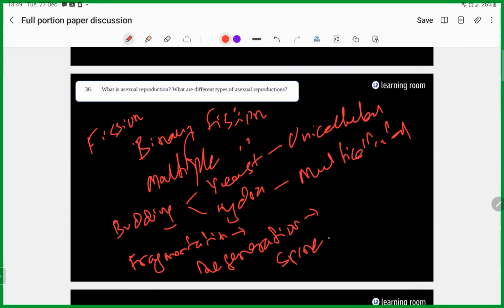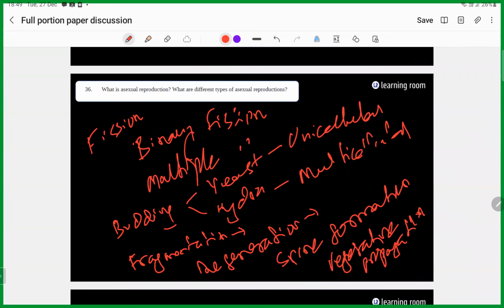Vegetative propagation. What example for vegetative propagation? Rose and Bryophyllum. For spore formation, Rhizopus. Wonderful.